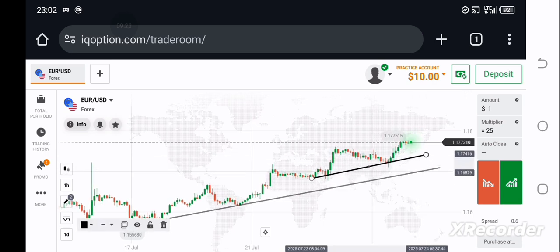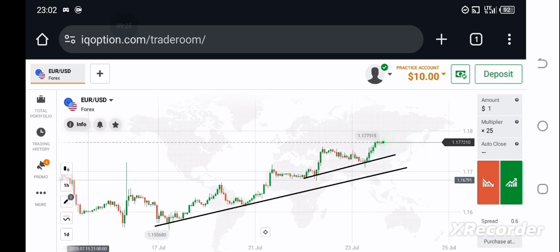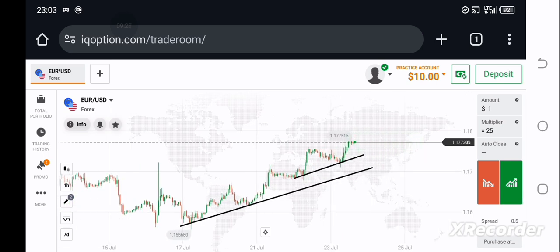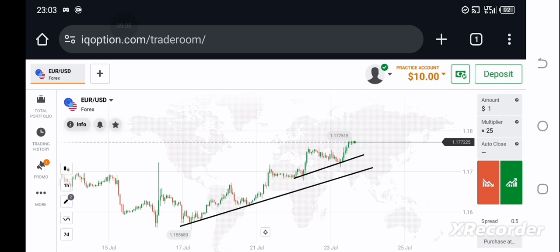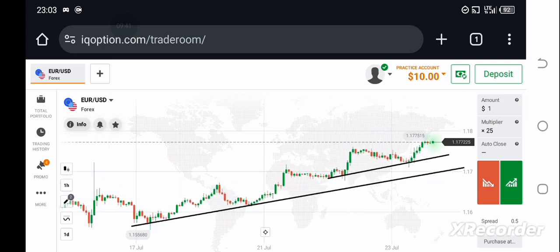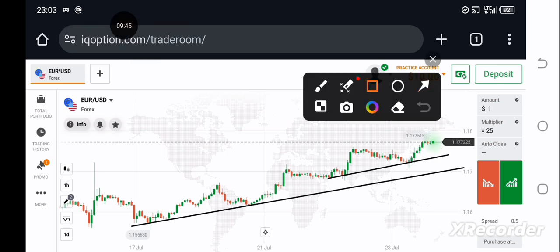So you make sure the market is trendy. Like I told you, in a trendy market, the market should either be going up or coming down like this. You can see that this is a clear trendy market. These are levels of support and resistance on a trend line. You can see this is a higher high, this is a higher low.